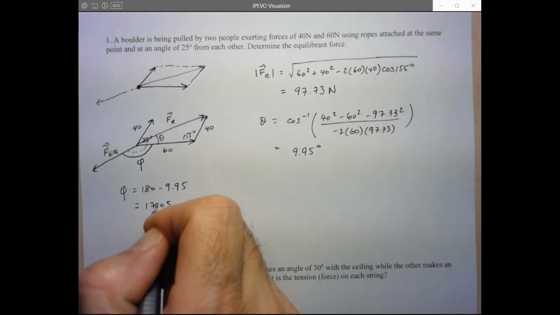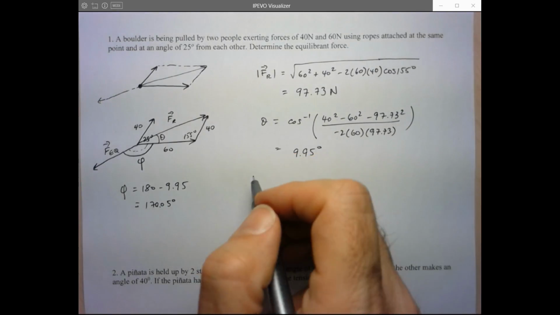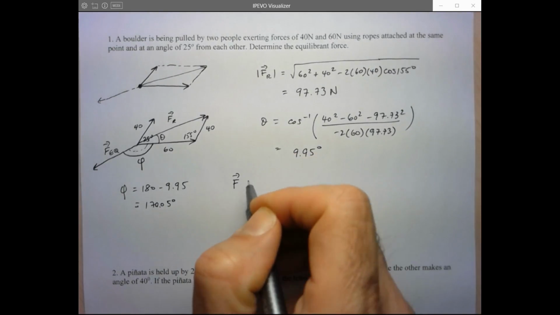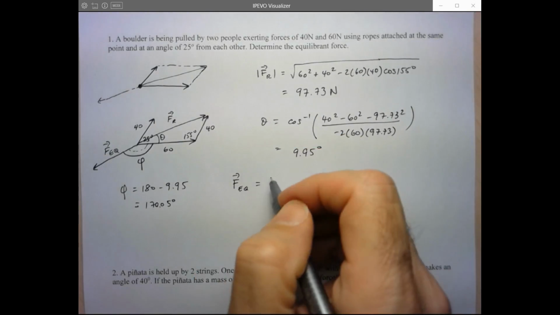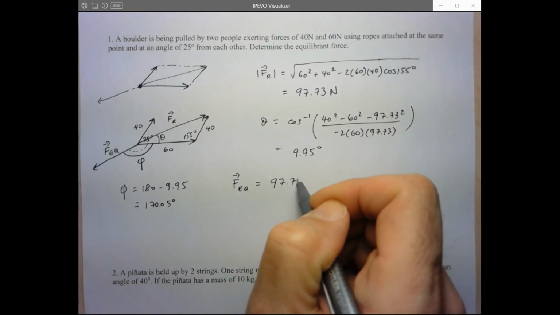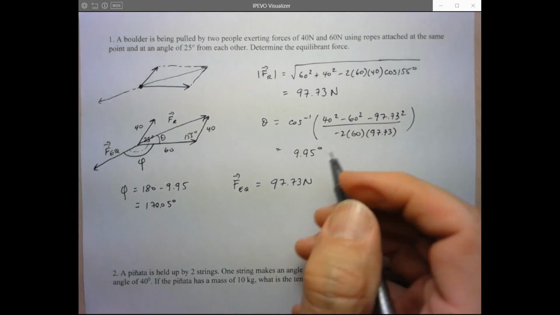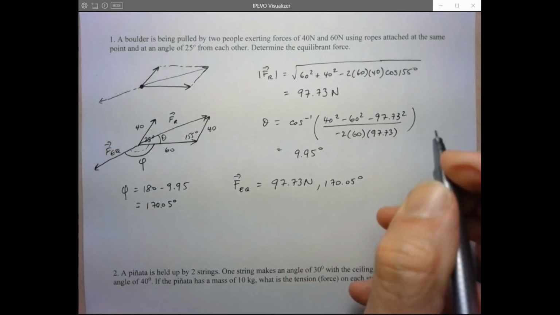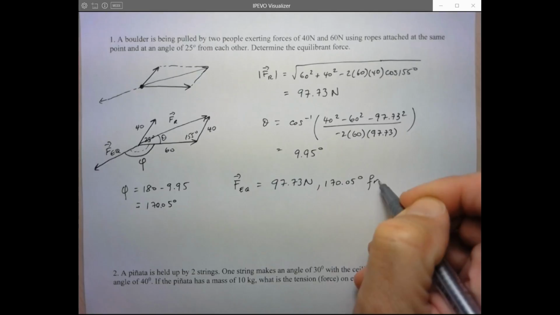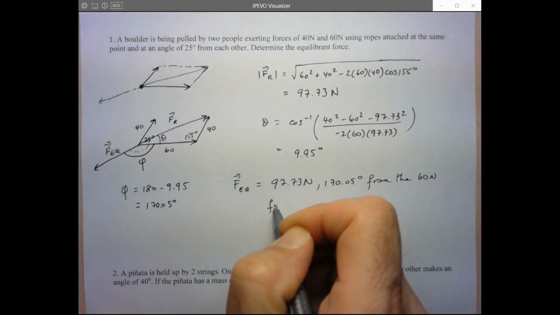Oops, 170.05 degrees. Okay, so the way I'm going to describe the equilibrant force: the magnitude we know is going to be 97.73 newtons, and the direction is going to be 170.05 degrees from the 60 Newton force.